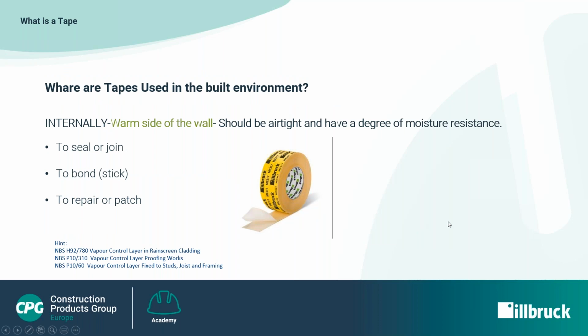Tapes used internally may be seemingly less robust, but should be of equal high quality as an external tape. The tape again must be able to demonstrate some resistance to moisture, but not liquid, and should be vapor and airtight where required. Internal tapes may have less UV resistance in cases of prolonged exposure. Tape should have compatibility with substrates and be malleable enough to conform to contours, angles, and relatively uneven surfaces.